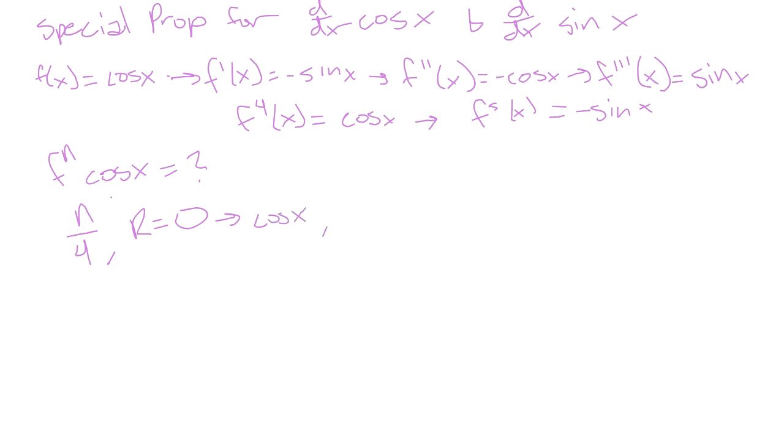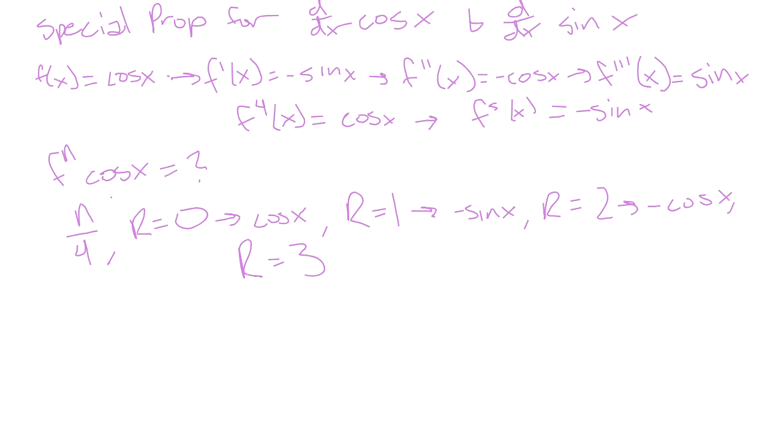If your remainder equals 1, you're going to end up getting negative sine of x. If your remainder equals 2, you're going to keep going down and get negative cosine of x. If your remainder equals 3, we can keep going.